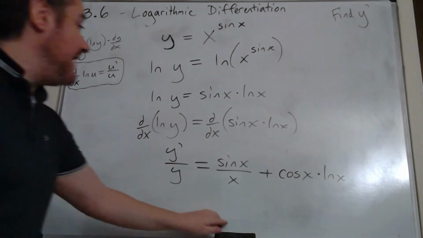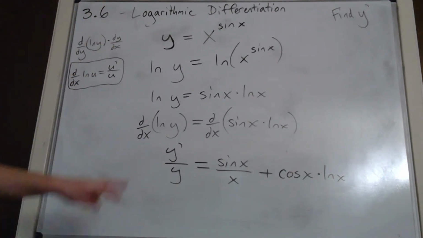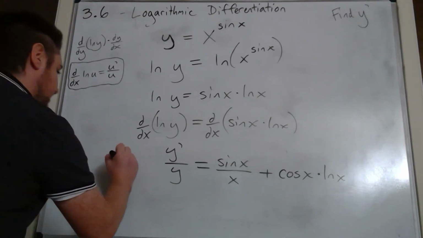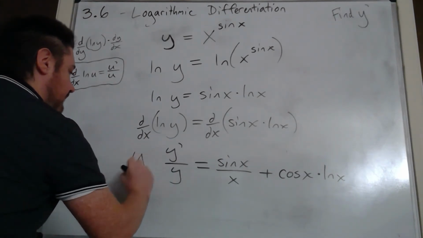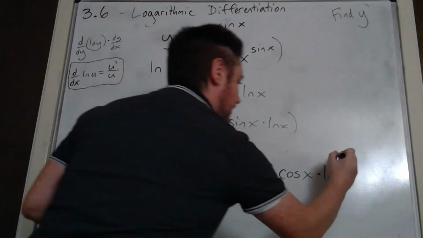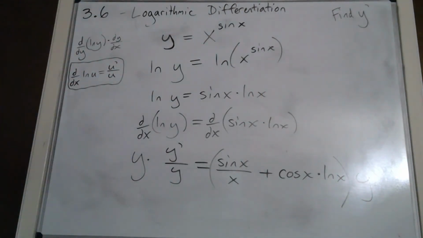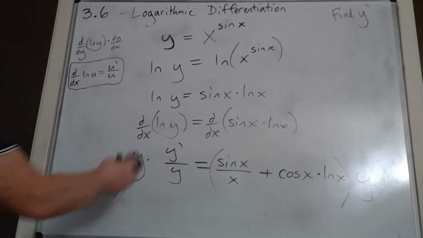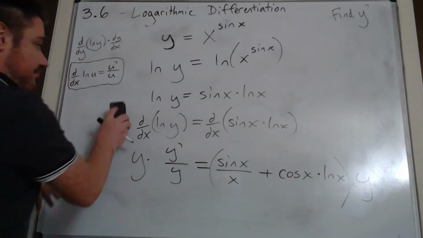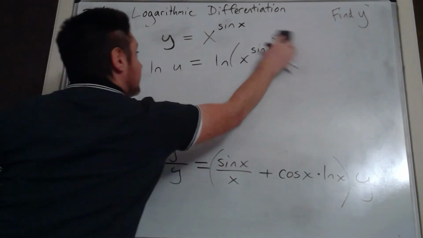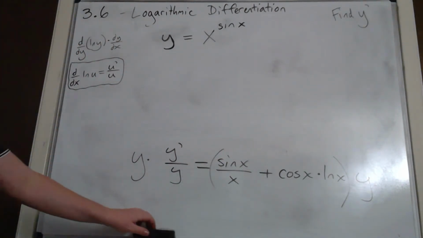And there we go. And now what I can do is finish this up by multiplying both sides by y. So we want to isolate y prime, multiply this side by y, multiply all that by y. And so what do we have? All right, so you can pause it if you need to see. Pause and rewind if you need to copy down some of that work.